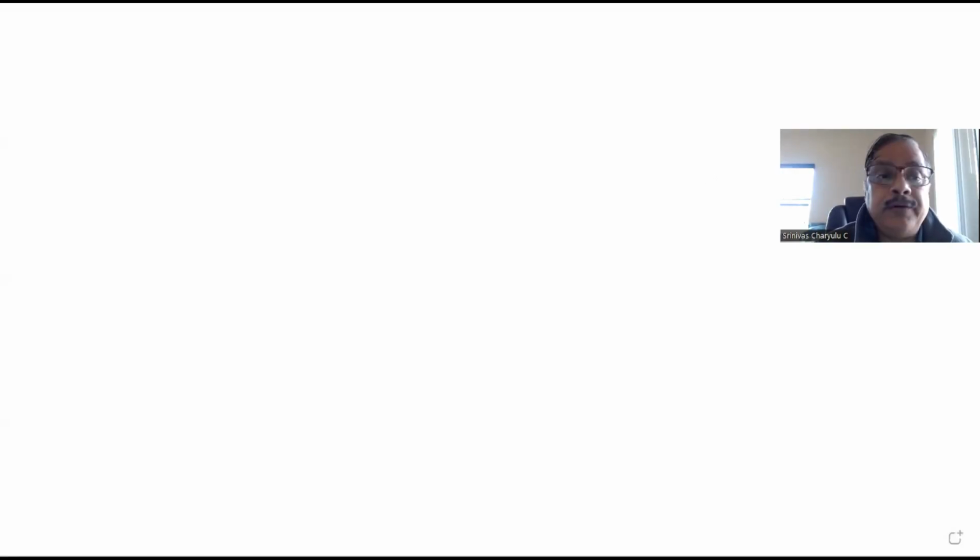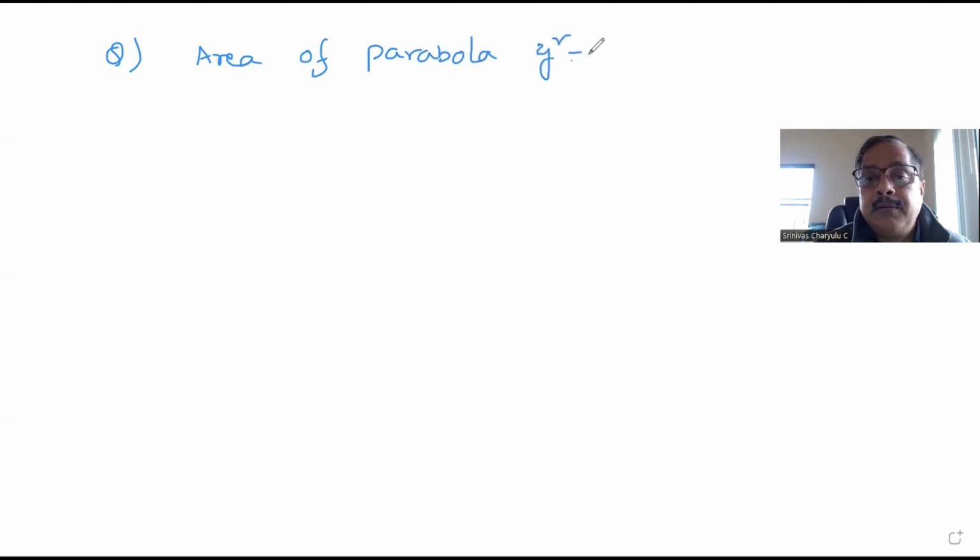So now we are trying to find out the area of the parabola y square is equal to 4ax by the integration method, that is, by our definite integral principle.